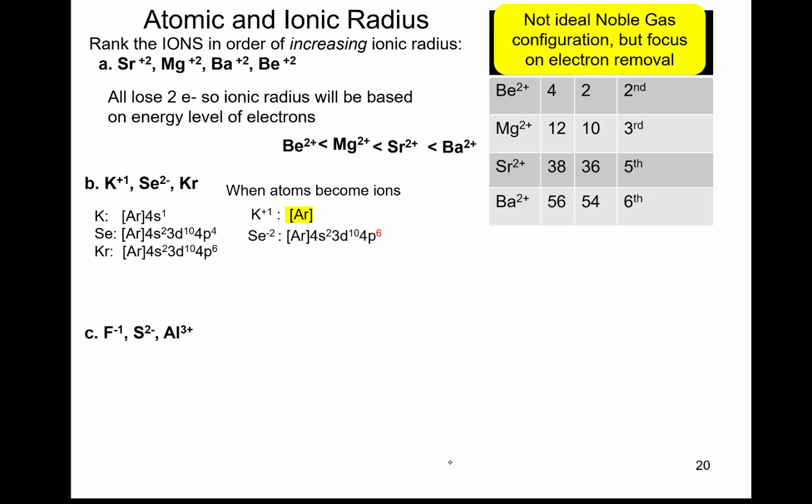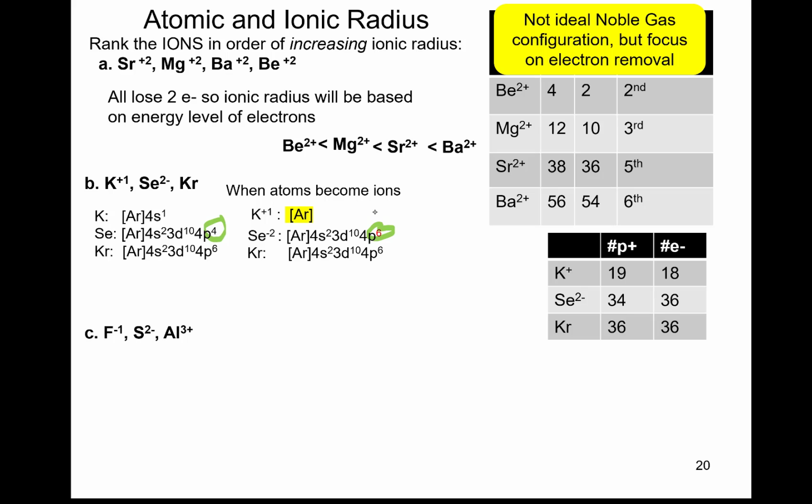Selenium will gain 2 electrons. So before it had 4 in the 4p orbital, but now it has 6. And krypton didn't change, right? Because it doesn't want to form an ion. So when they become ions, we notice that they have these electron configurations.